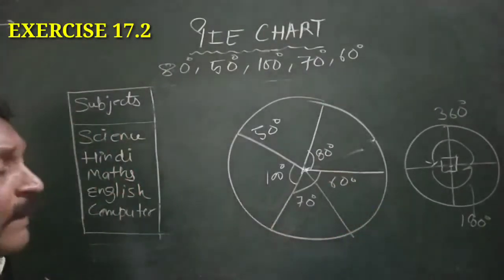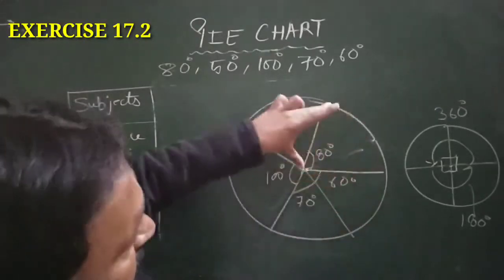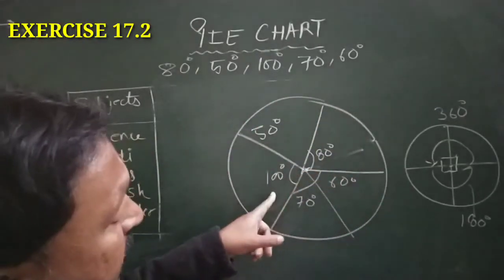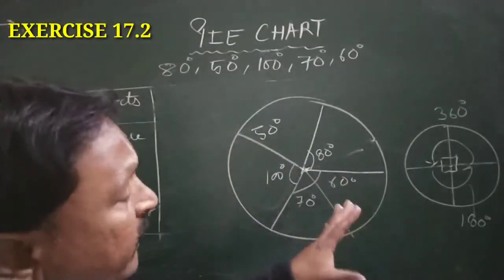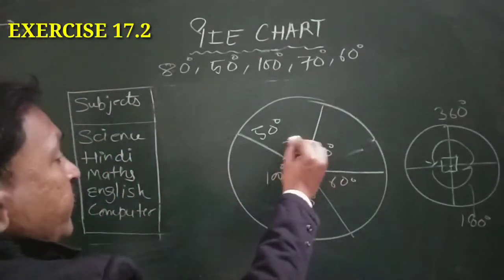So you can mark by taking any radius first. Mark 80 degrees, then mark 50 degrees, then mark 100 degrees, then mark 70 and 60 respectively. I have just done it in a rough way here.